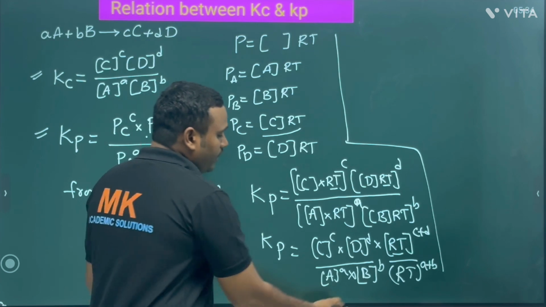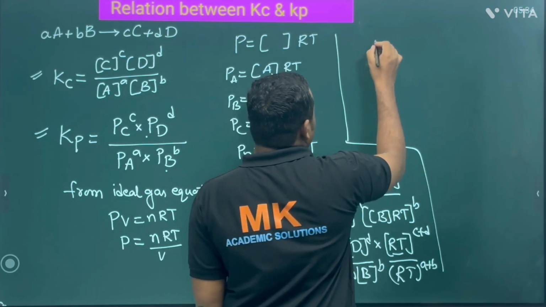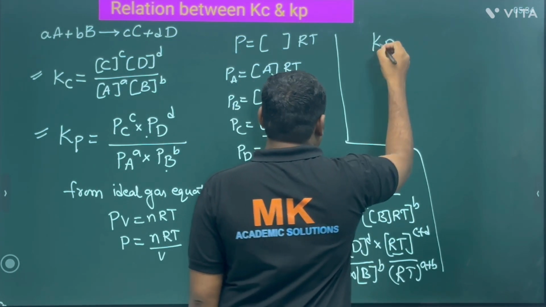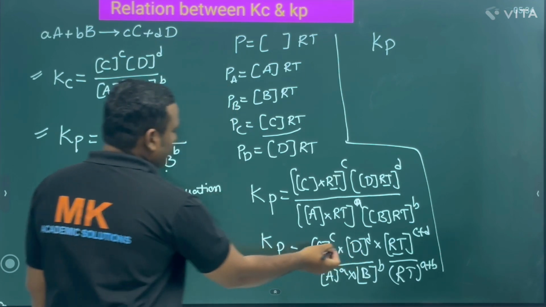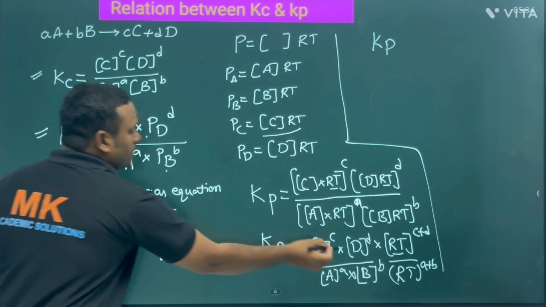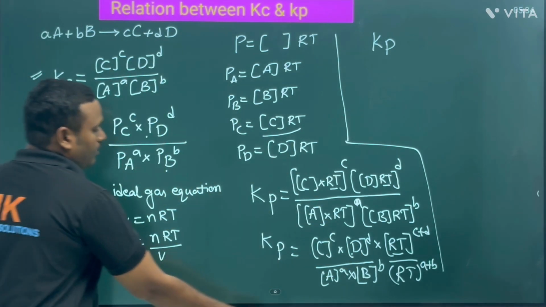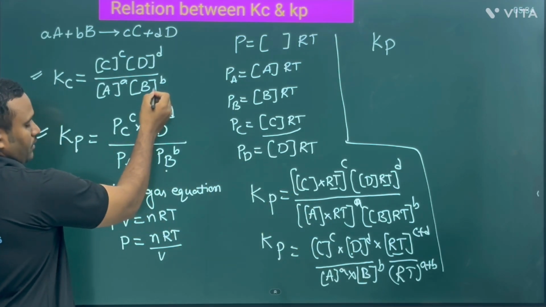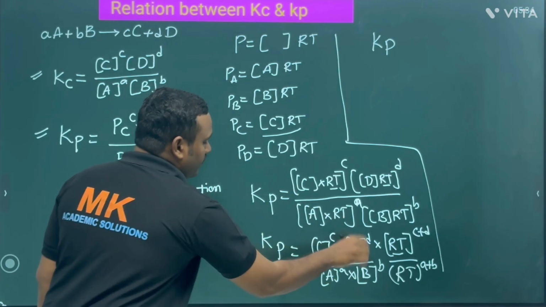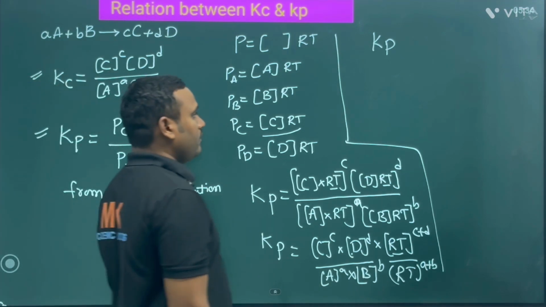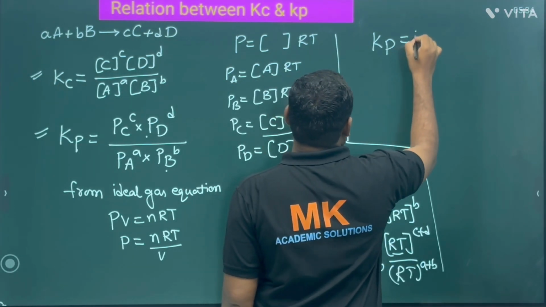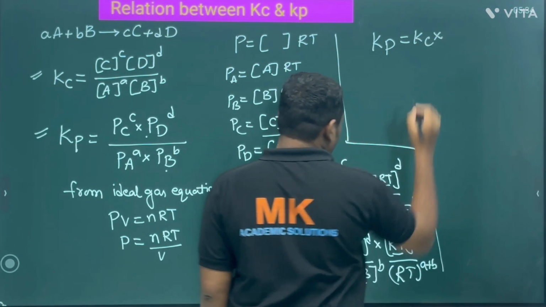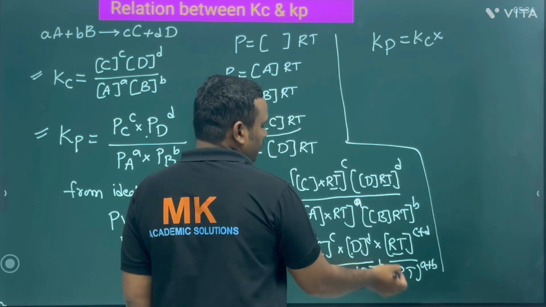Now when you observe this Kp, what is this total term? Concentration of C to the power c, concentration of D to the power d, divided by concentration of A to the power a, concentration of B to the power b. This total term I can write as Kc. Therefore Kp is equal to Kc into RT divided by RT.